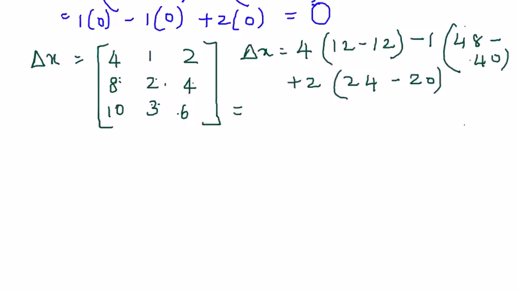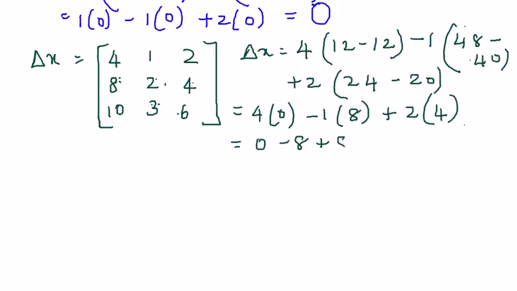If we expand this, it becomes 4 into 0, minus 1 into 8, plus 2 into 24 minus 20 is 4, which is 0, minus 8, plus 8. So del x is also 0.